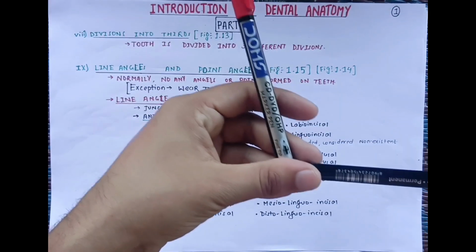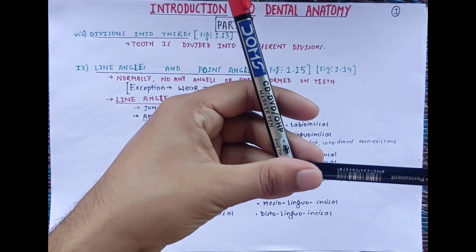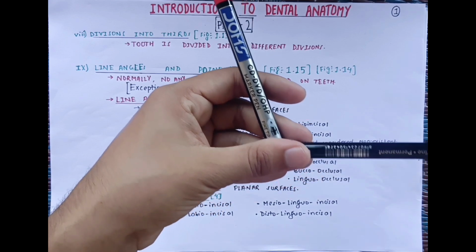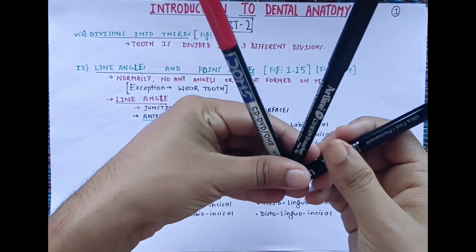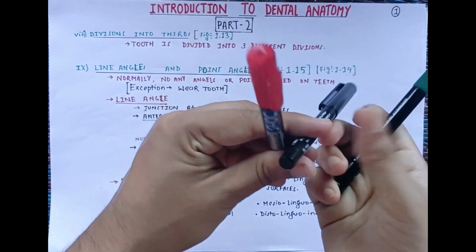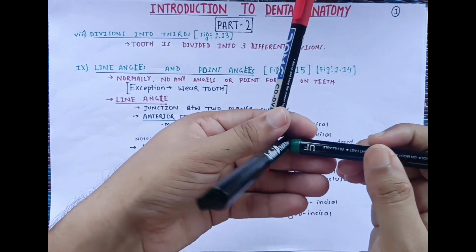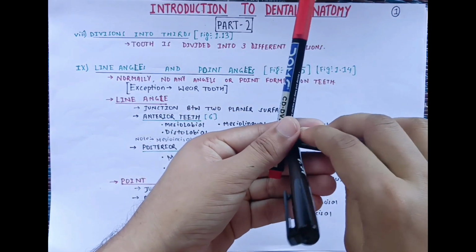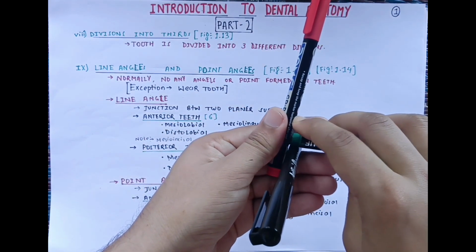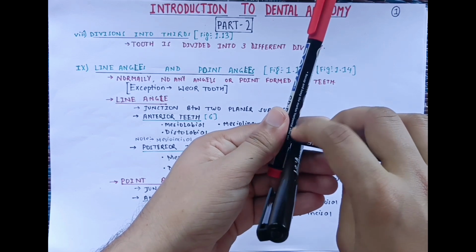Similarly, the point angle is that angle that is formed by the junction of three planes. So let's imagine these are three planes. So the junction between these three planes is a point angle.